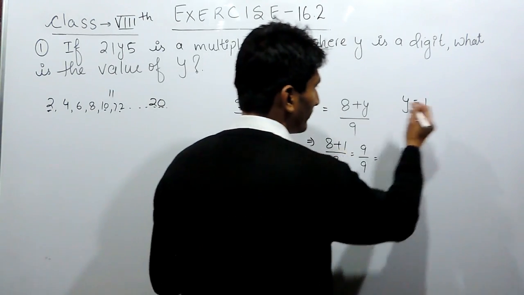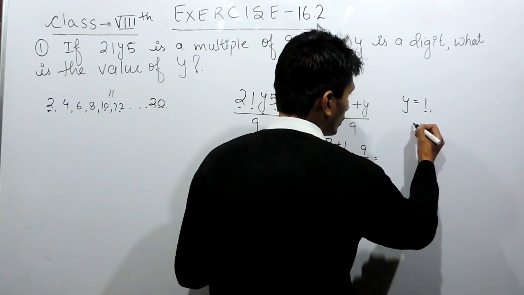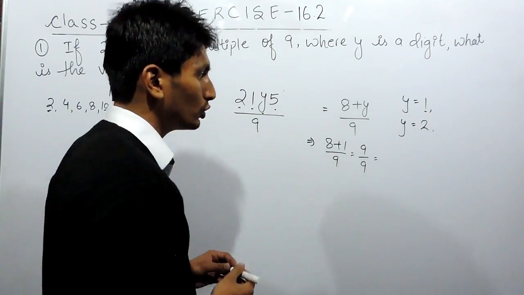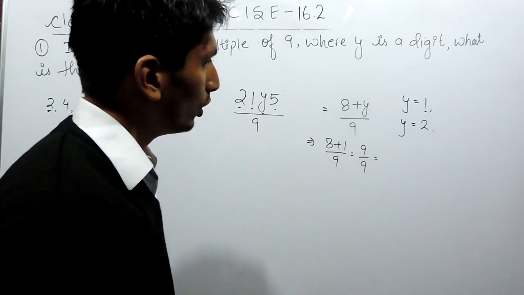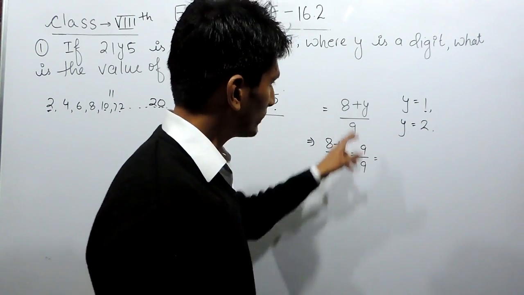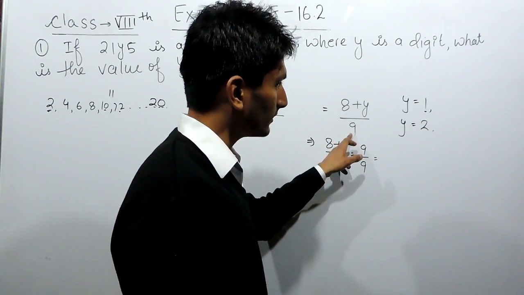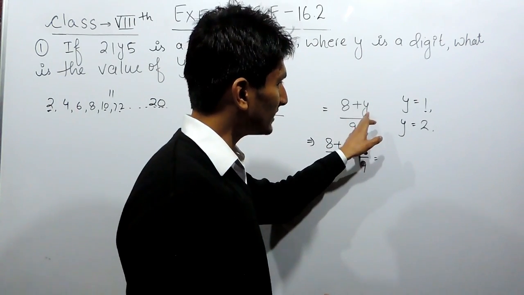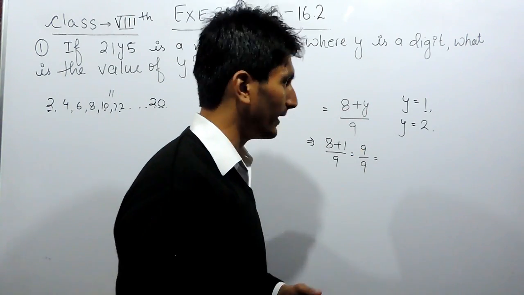Now let's suppose the value of y as 2. So this will be 8 plus 2, which is 10, and 10 is not divisible by 9. If I substitute the value as 3, it will be 8 plus 3, which is 11. Again, this is not divisible by 9.